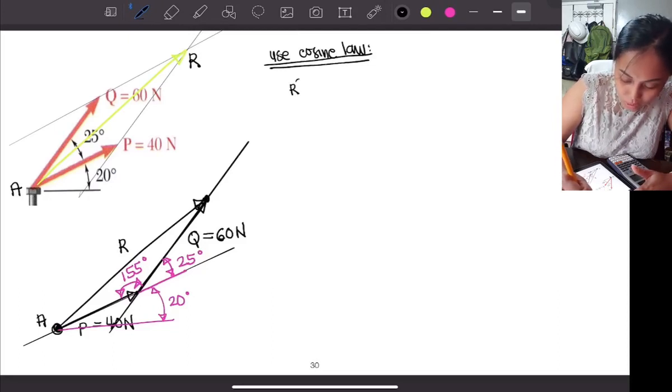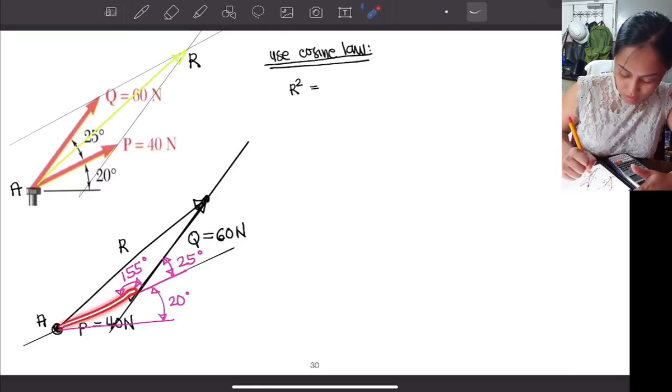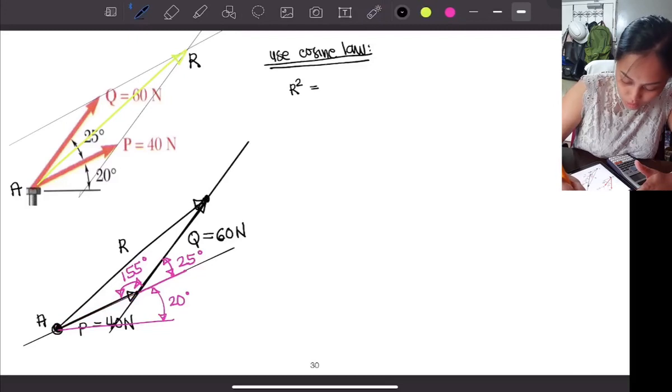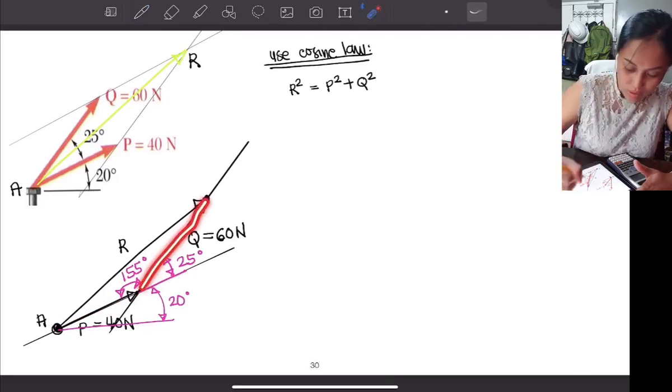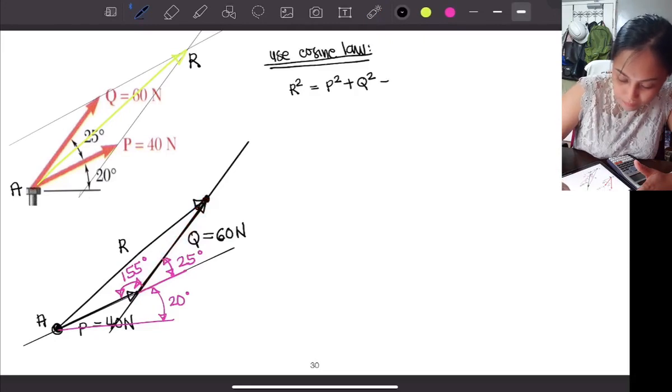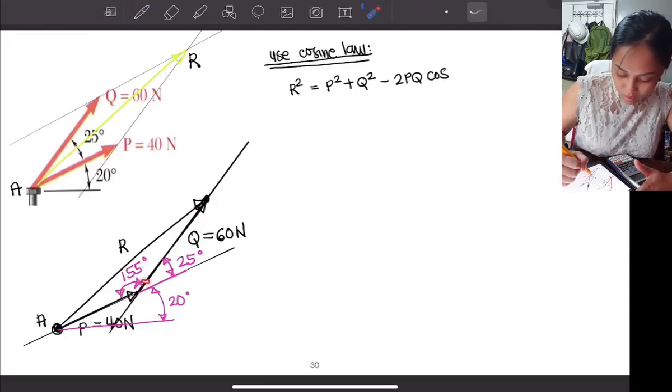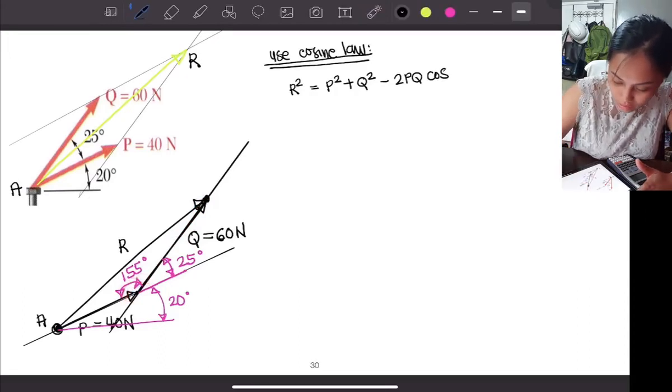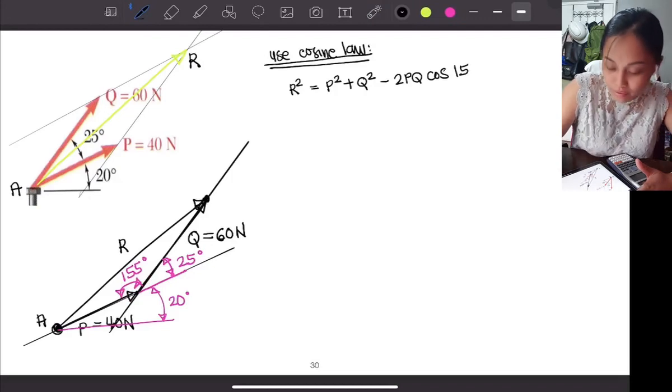R squared is equal to this side squared, or that is P squared plus Q squared, so the earlier sides squared, minus 2PQ cosine of this angle, or cosine 155 degrees.